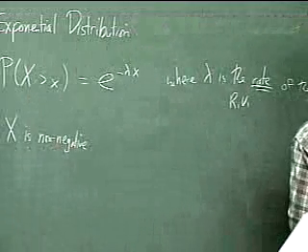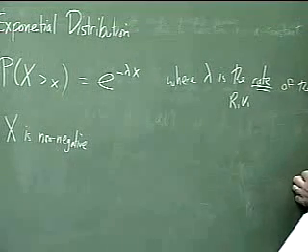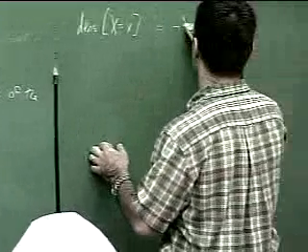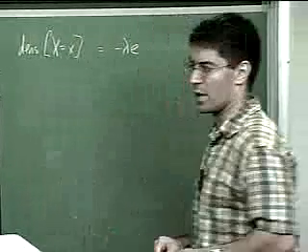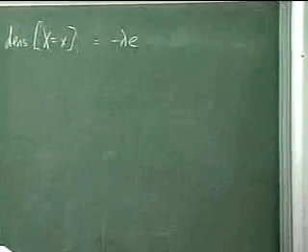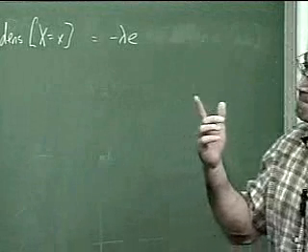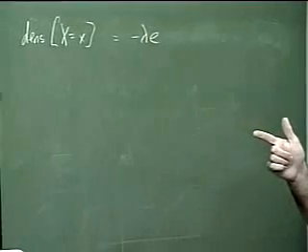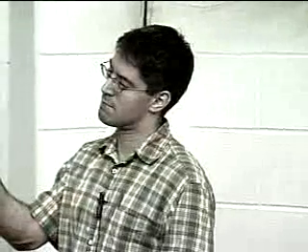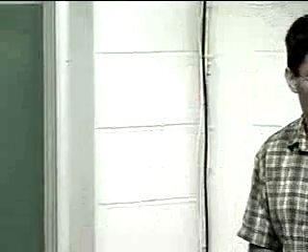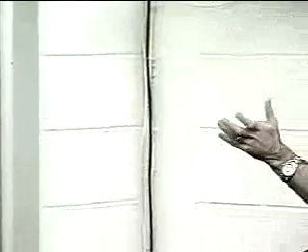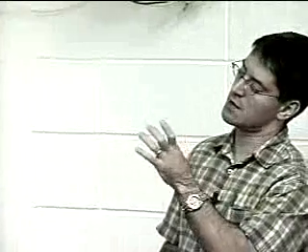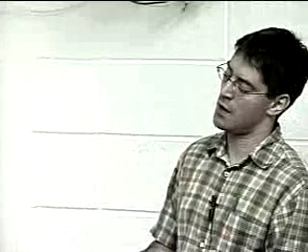The density of X equals x is going to be, take the derivative, minus lambda. That can't be right. Hang on a second. I can never remember if it's 1 minus or just this, but when little x is 0, you should have 1, and then it should decrease.